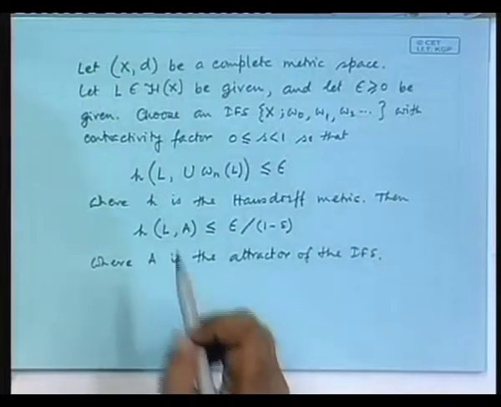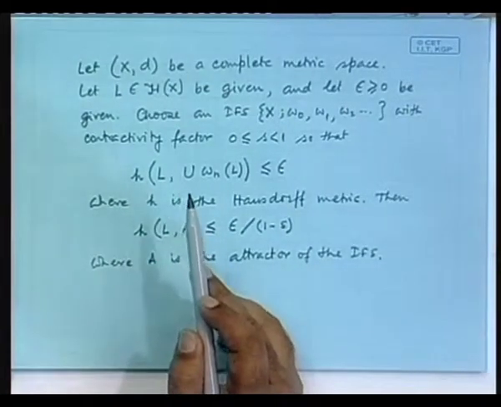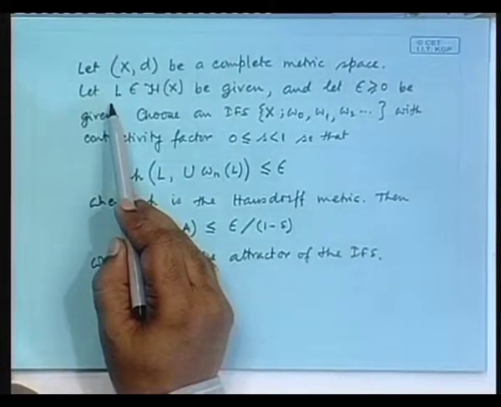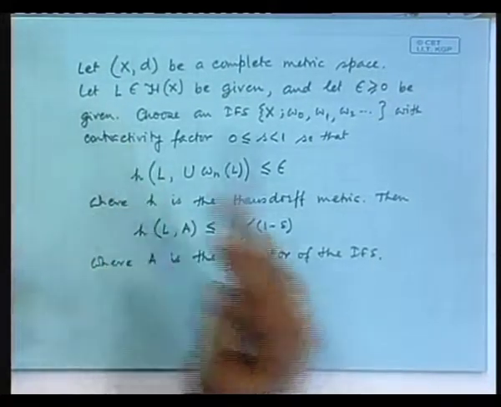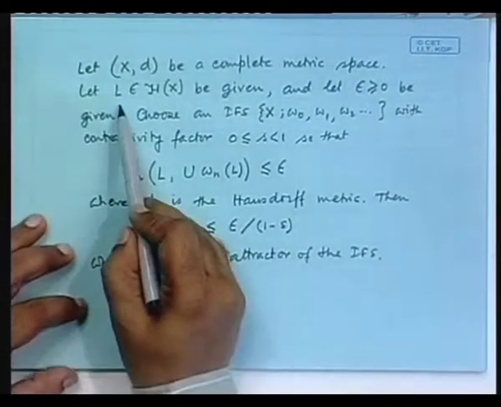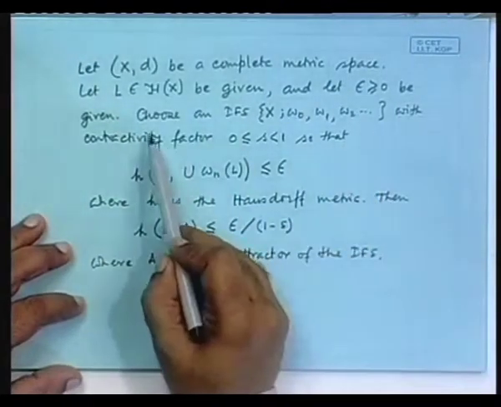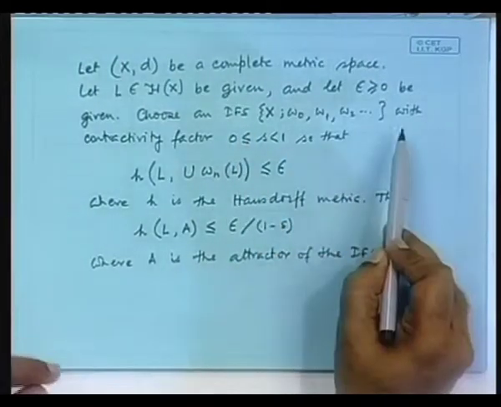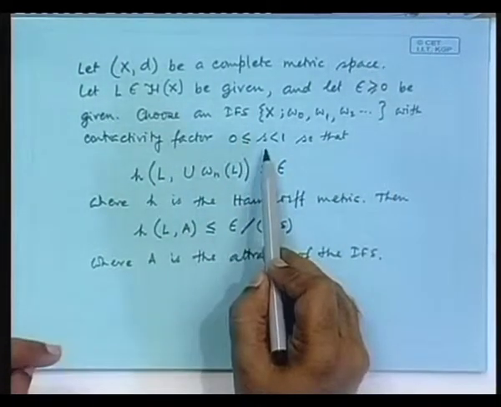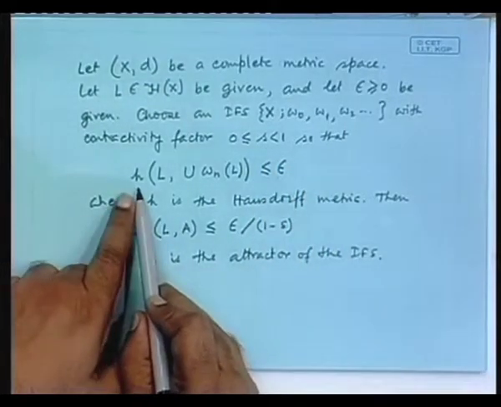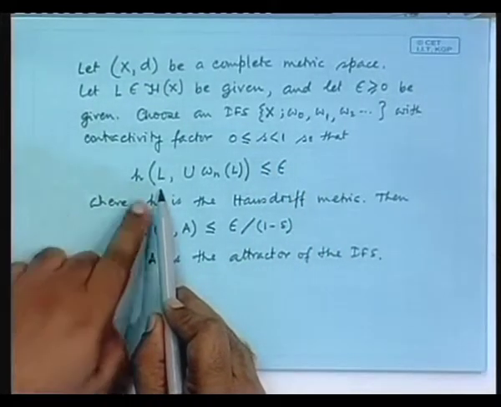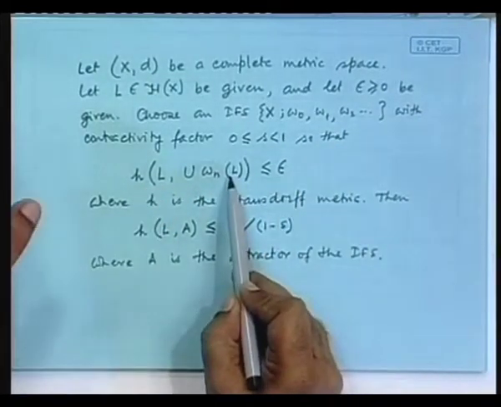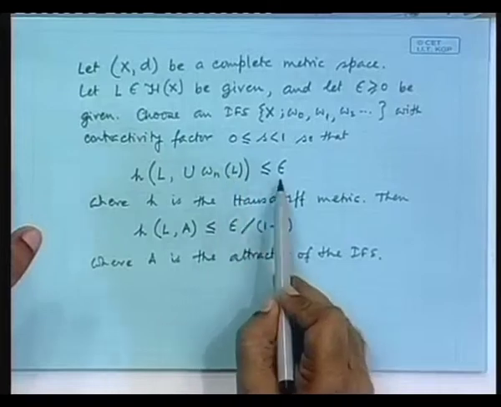See what it says. Suppose you are given a fractal object like L, say the fern, say the Sierpinski triangle, say the square, and now you have to choose an IFS with contractivity factor s, so that the distance between L, the original object, and the union of all these applied to the same object L is less than epsilon.